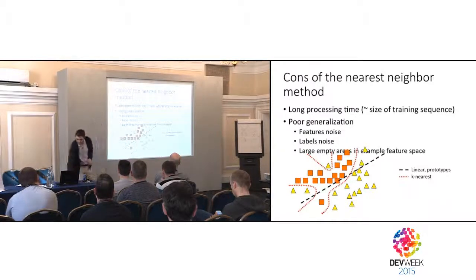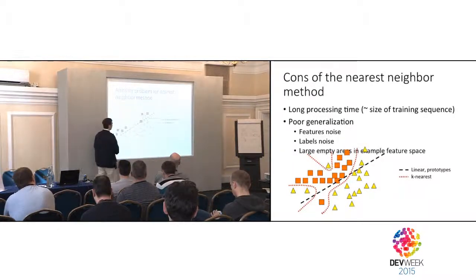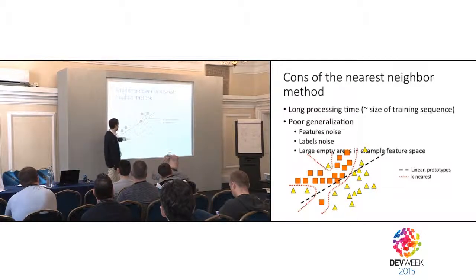Also, if some feature space is unfilled with examples, if there are holes in the feature space, then the decisions in these locations would be fully related to the nearest examples.